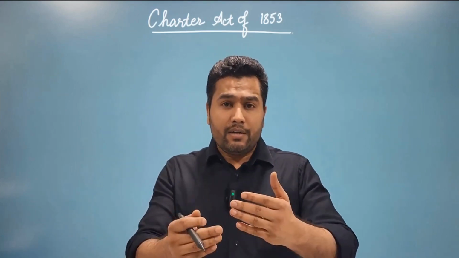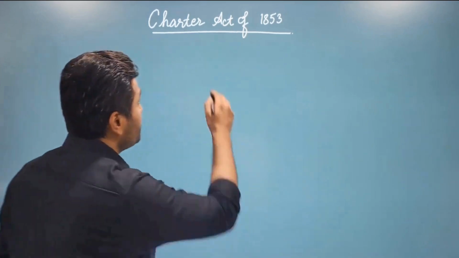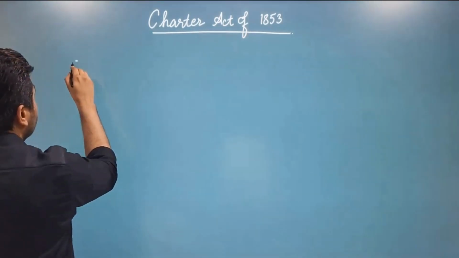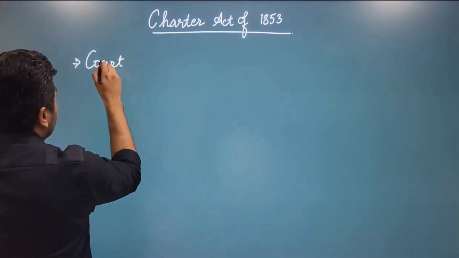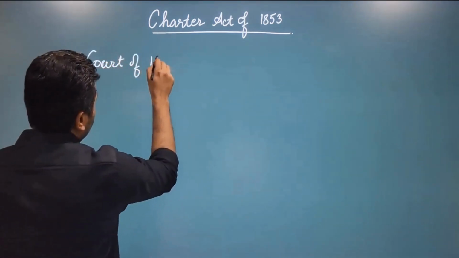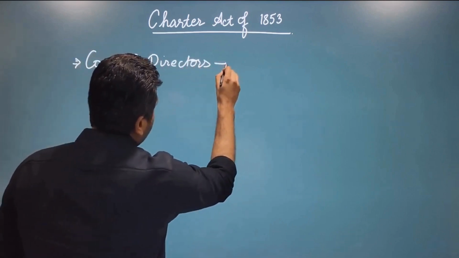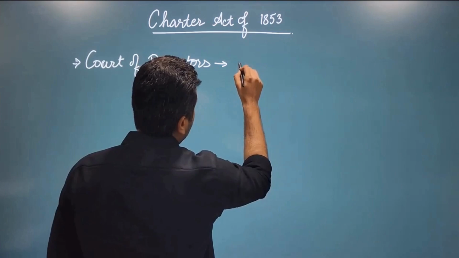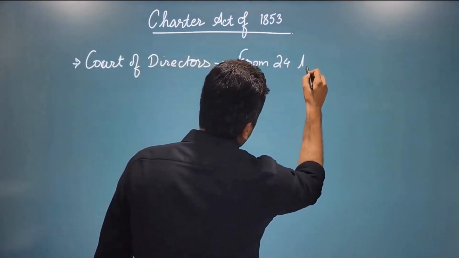With respect to the Court of Directors, the number of directors in the Court of Directors was 24. So what the Charter Act of 1853 did, with respect to the Court of Directors, their numbers were reduced from 24 to 18.